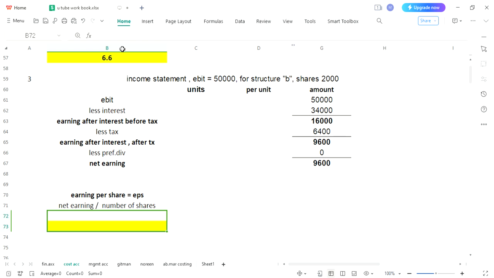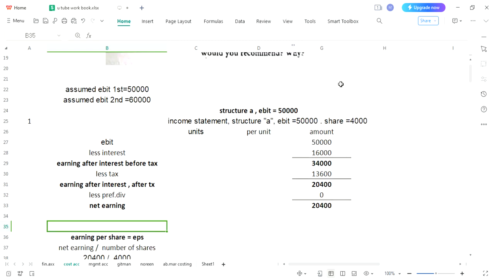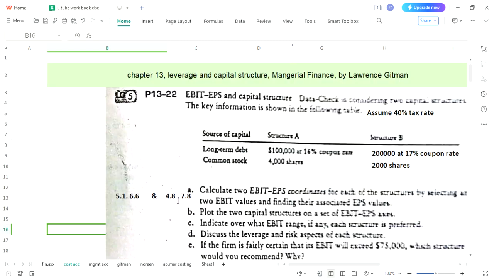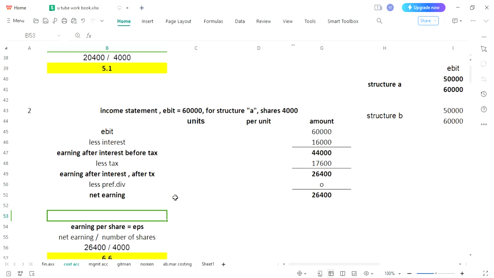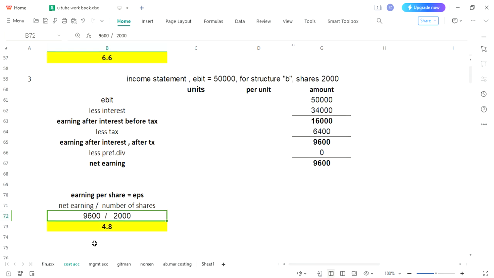Earning is 9600 and the number of shares is 2000, so 9600 needs to be divided by 2000. The statement has been completed. Let's check it out. Look over here, your third EPS is 4.8 and what we have calculated is also 4.8.